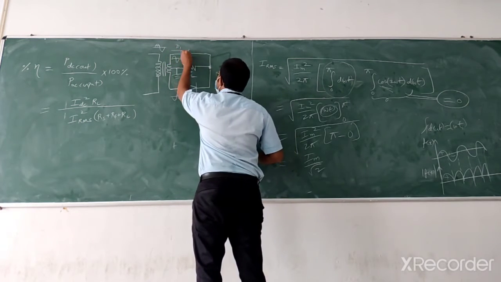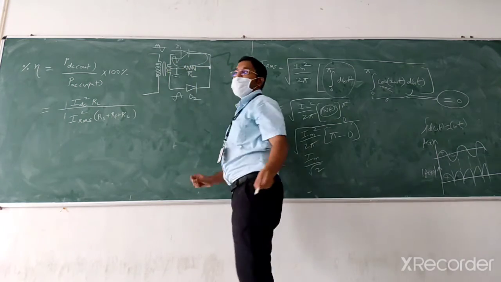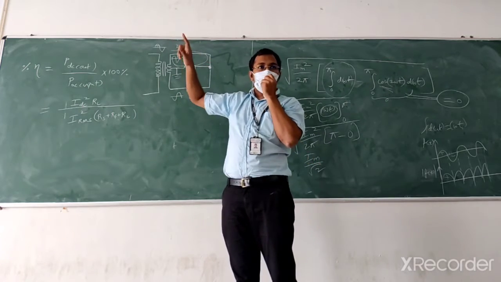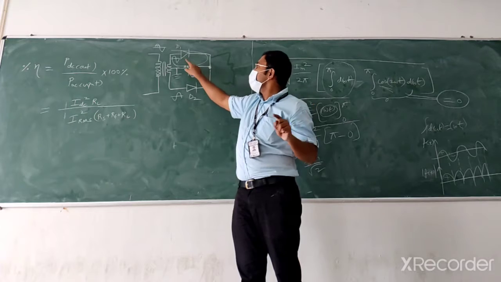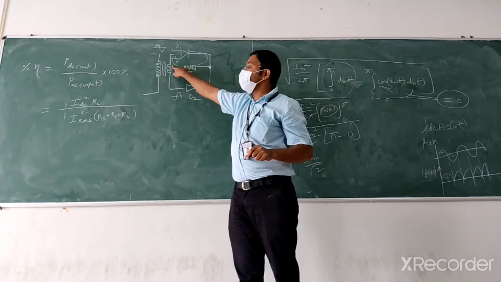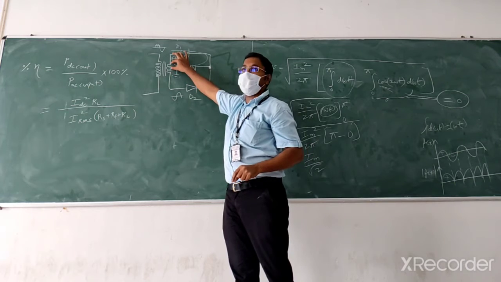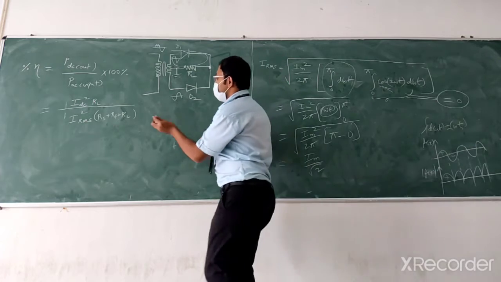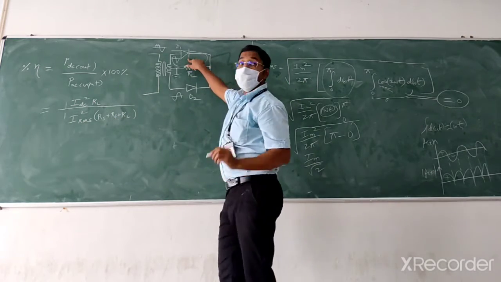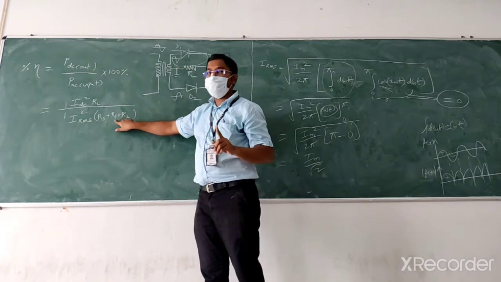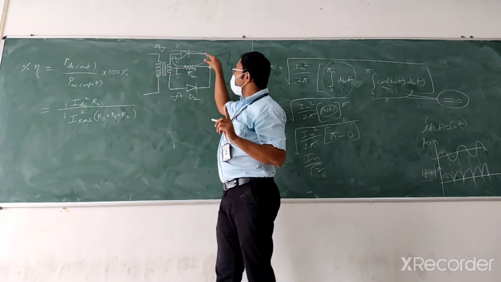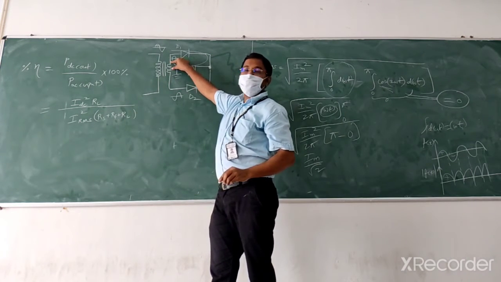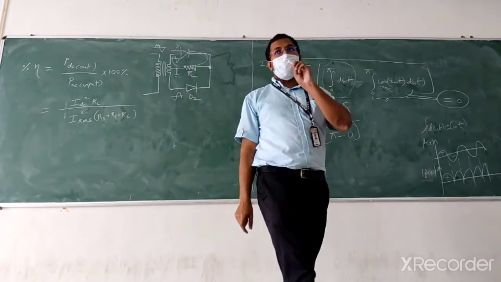The path of conduction will be like this, and current flows in this loop. In this loop we have the diode, RL, and this part of the winding, so three components: the diode forward resistance RF, then RL, and the winding resistance RS.